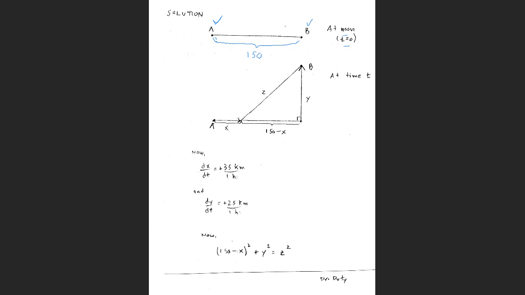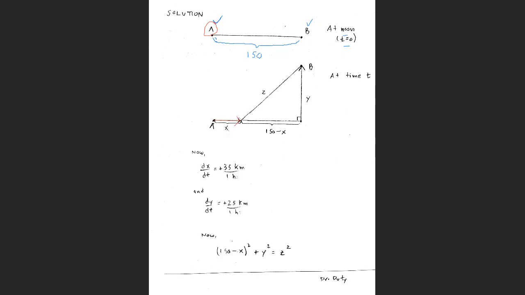But we're curious about how fast the distance between the ships is changing later, at 4 p.m. So we need to think about what these ships do over time. They tell us that ship A is sailing east at 35 kilometers per hour, and that's what I have in the picture below. I have ship A going east.